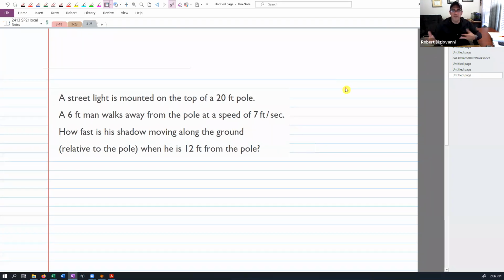Pictures, see if you can figure out how to get the pictures drawn and the variables, what you're given, what you want. This will give you some idea of how well you're adapting to this new idea here. All right, 5 minutes.